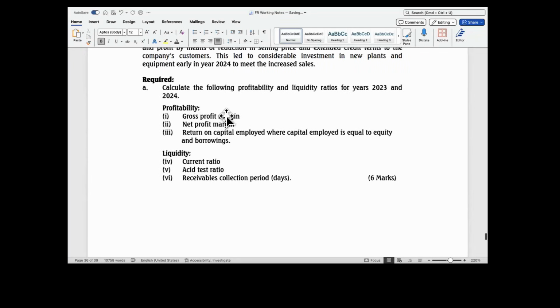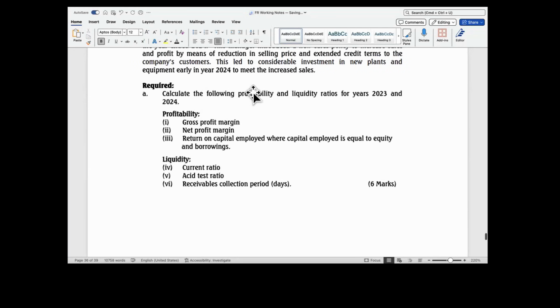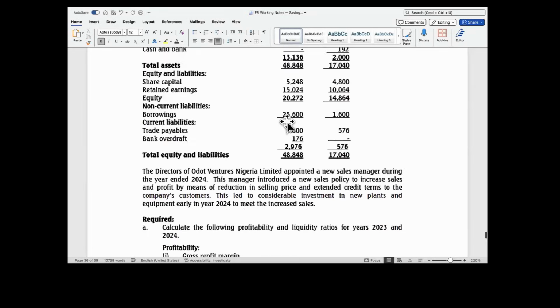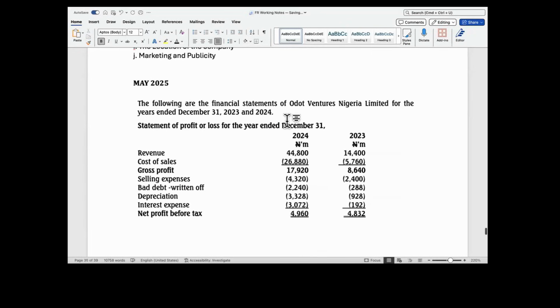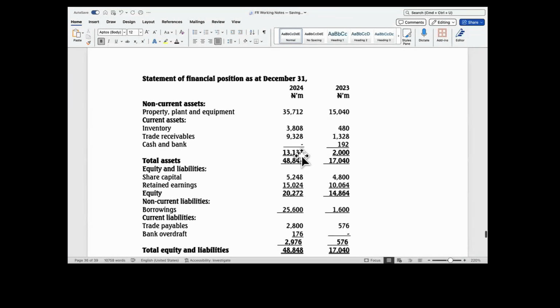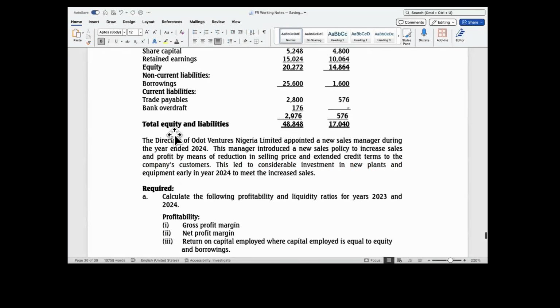So since you're used to this, we are asked to calculate profitability and liquidity ratios for 2 years as well. And they give us some information. What's the name of the company in question? Orak Ventures. They give us their P&L and statement of financial position. The major thing that happened is that this company appointed a new sales manager. And this new sales manager introduced a new sales policy to increase sales and profits.